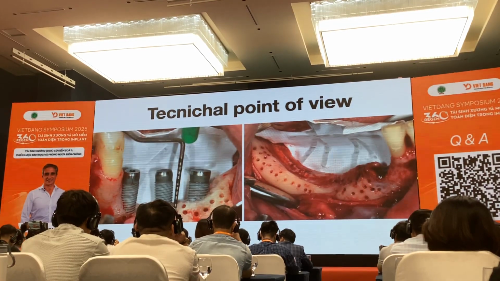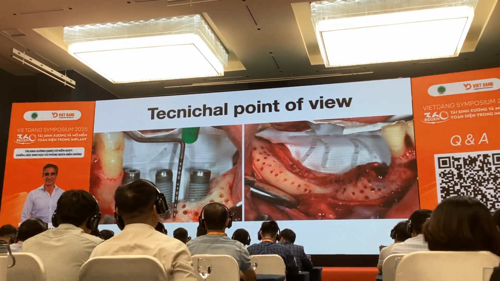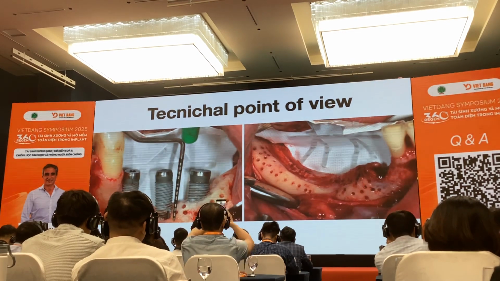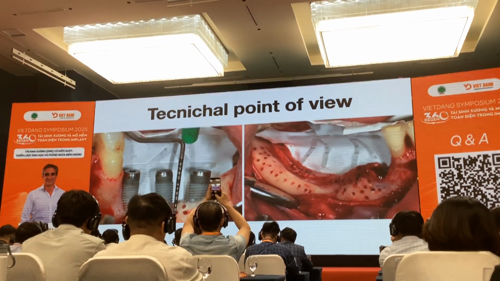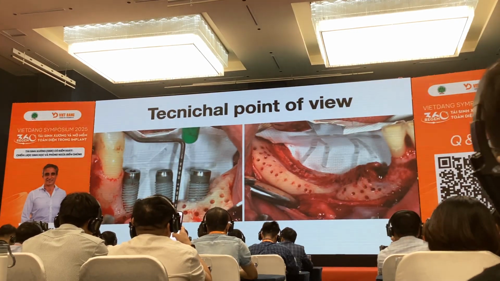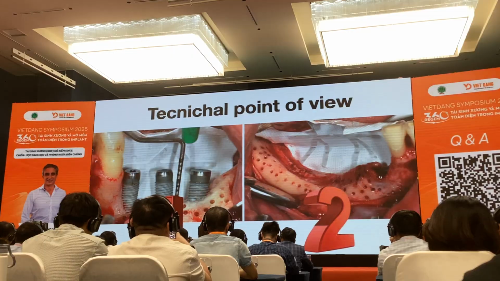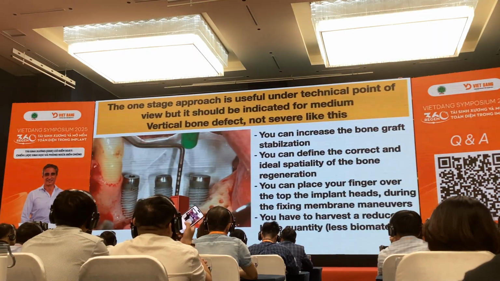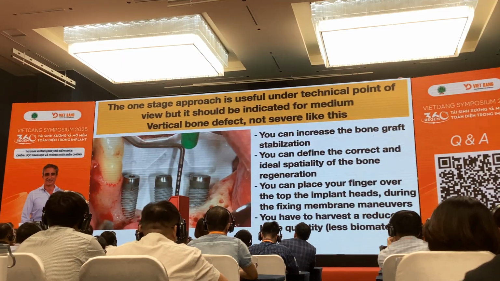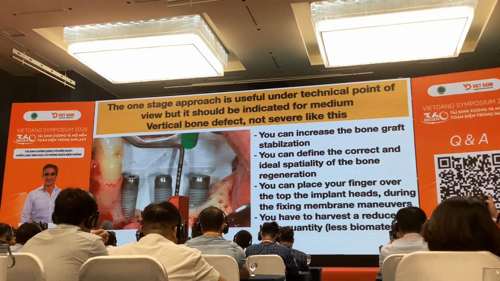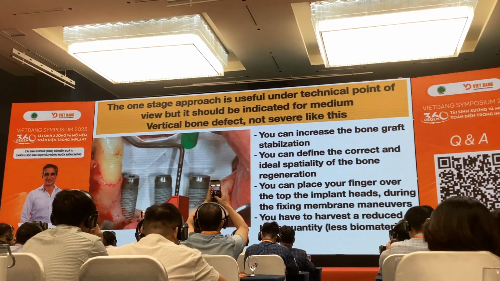So if we should evaluate the one stage and two stages from a technical point of view, the simpler is case number 1, the one stage.